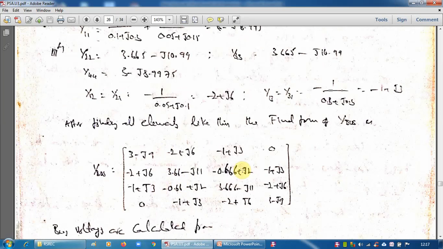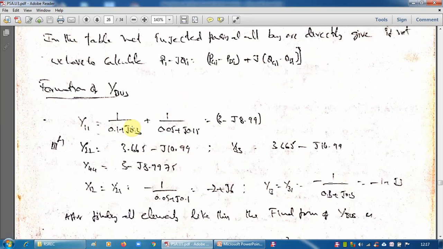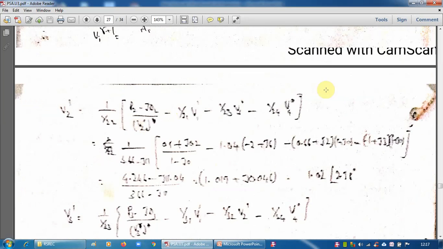And Y bus values are these. All are written before this step, which will be useful to substitute in the expression. So V2(0), V3(0), V4(0) are all equal to 1 plus j0.